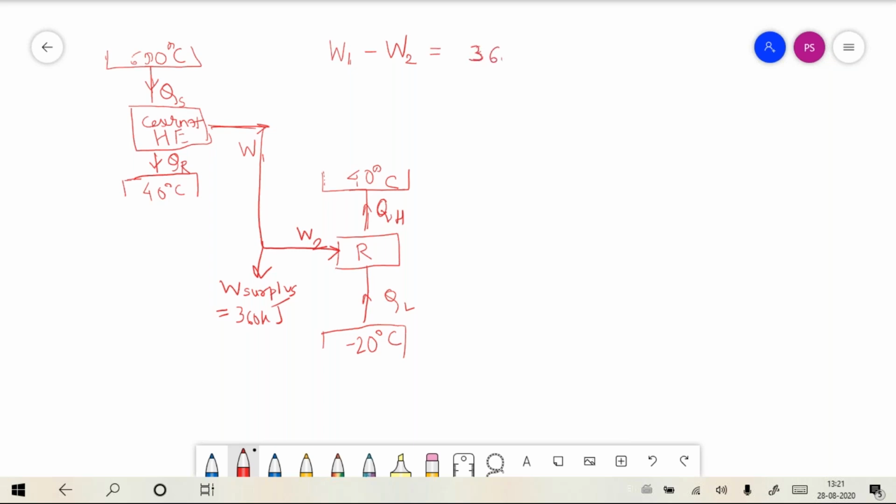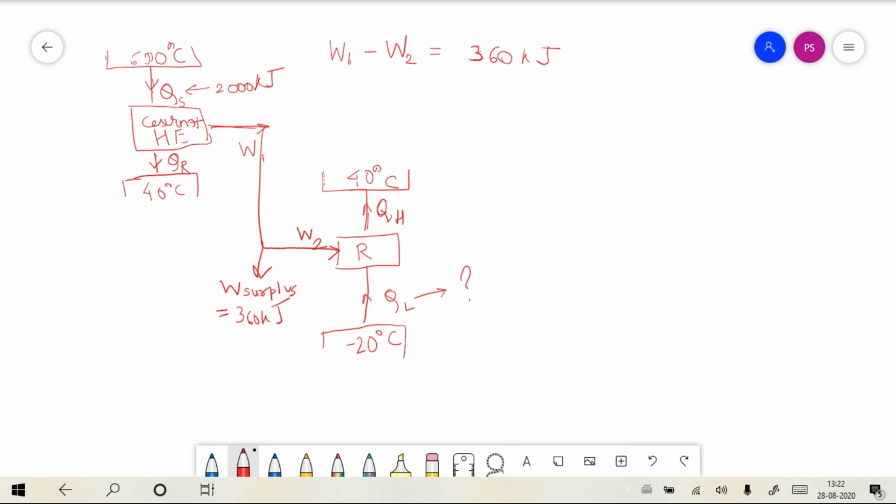One more piece of information is given: this engine is supplied a heat equal to 2000 kilojoules. 2000 kilojoules is the heat being supplied to this Carnot engine. And what you are asked is the refrigerating effect. This is to be found out.